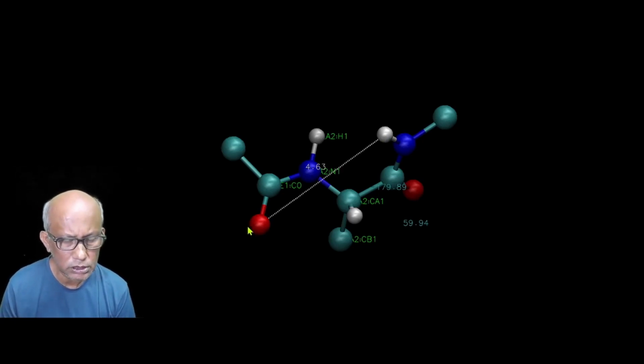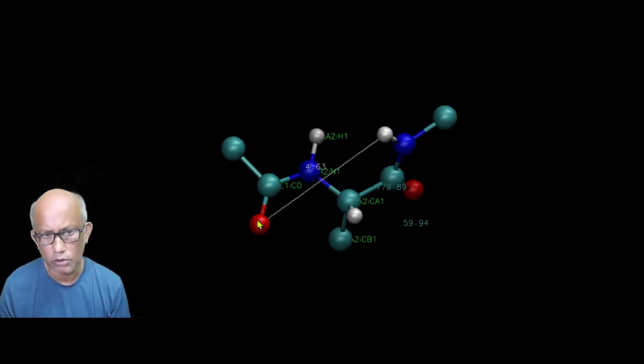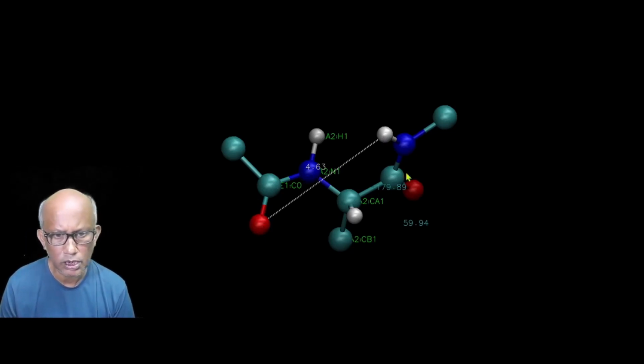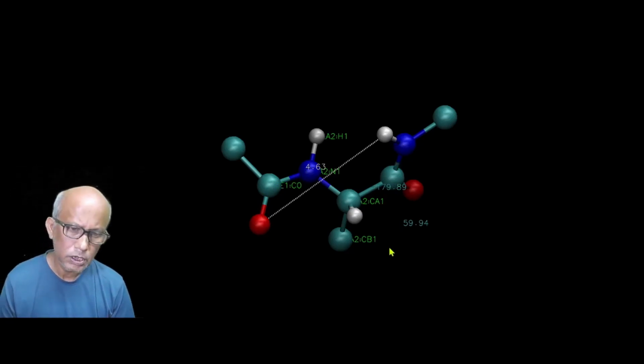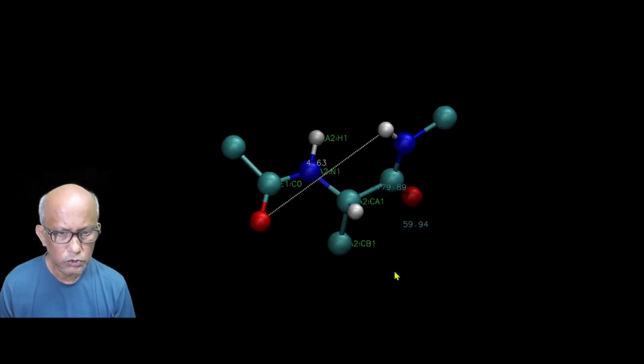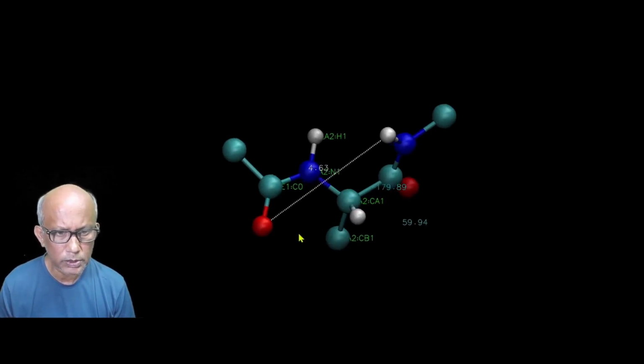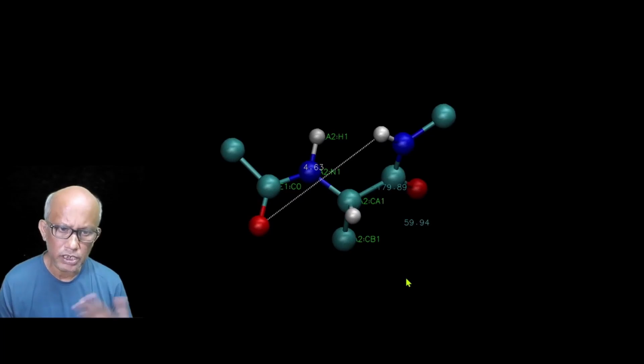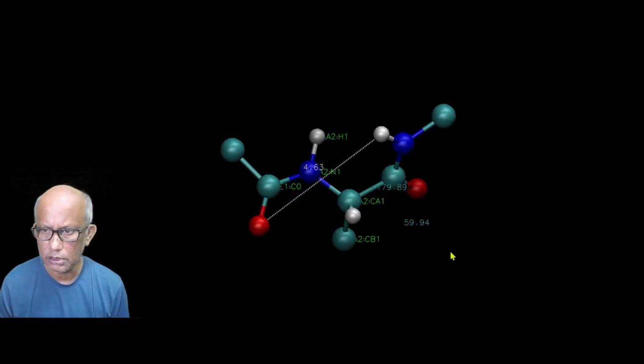Now look at this, these two atoms are considered non-bonded because even though they are part of the same molecule, there are a number of bonds between them. So 1, 2, 3, 4, 5, 6. The 6 bonds between them is too many. So we would consider them not interacting with each other. So we can take this particular non-bonded pair and measure the distance as we vary the Phi angle, keeping the Psi angle constant. Let us see how it looks.